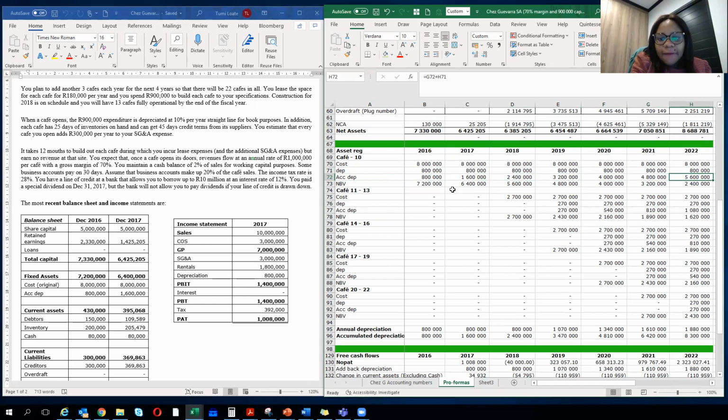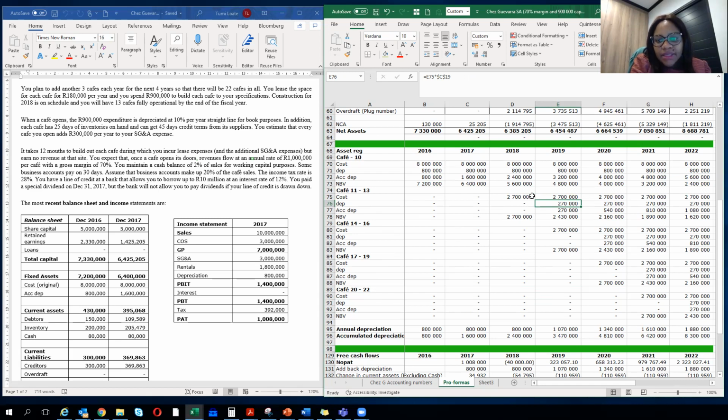And then for the new cafes, we've got 22 cafes over the next 4 years, 3 cafes each year. Remember, we are spending 900,000 per cafe that year, but the depreciation only kicks in the following year when it's in use. 900,000 times 3 will give you 2.7 million.